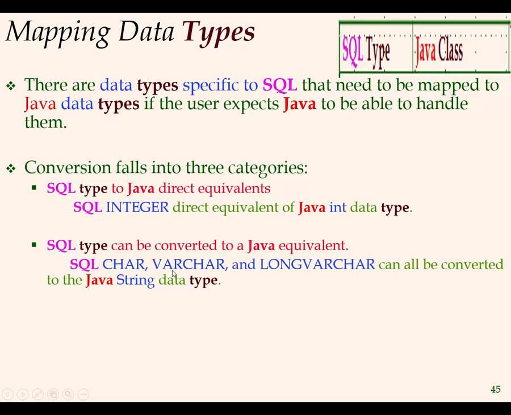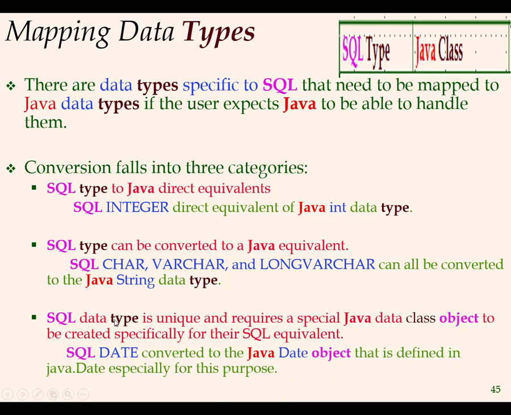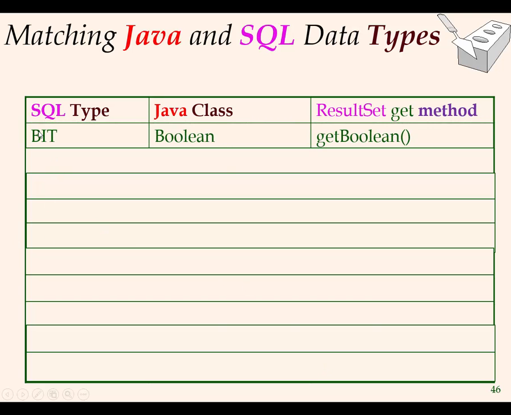The SQL char, varchar, long varchar is mapped to Java String. There are some unique ones. For example, the date SQL data type, Java has created a Date class, so you actually can map it to that. So this is the table: the SQL data type, Java class.